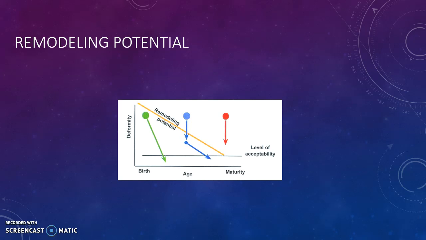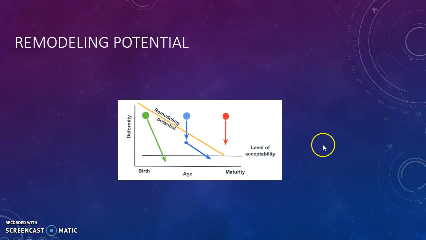If you look at the graph, there is age on the x-axis and the deformity on the y-axis. Around birth, all the deformities correct beyond the accepted level, and they even become normal with growing age. At a later age, there is a decrease in the deformity with time, and the deformity comes up to the level of acceptability.